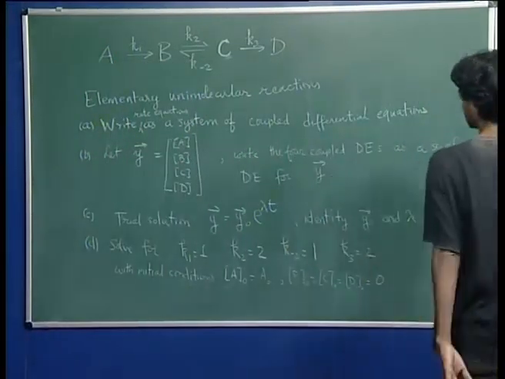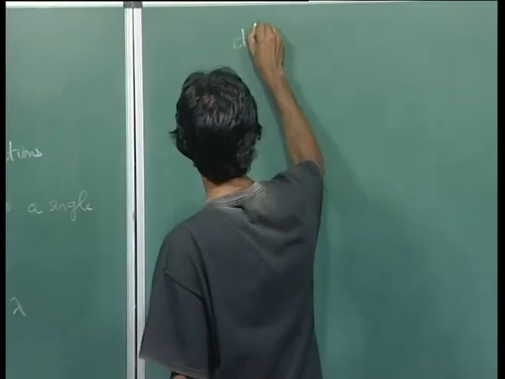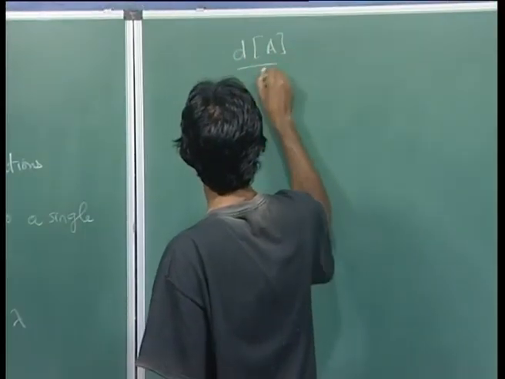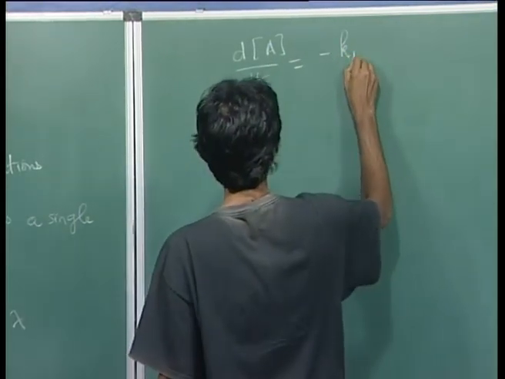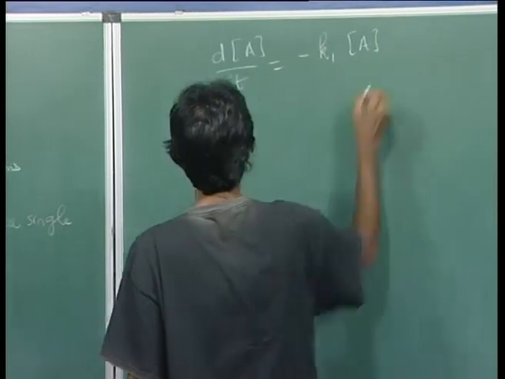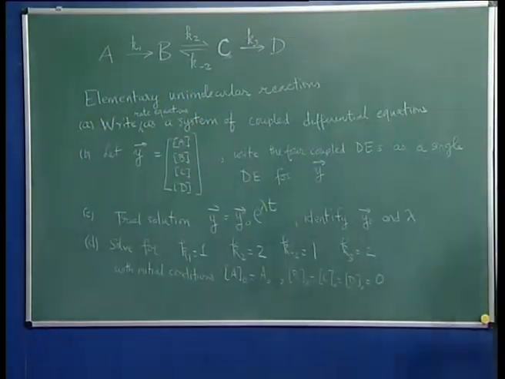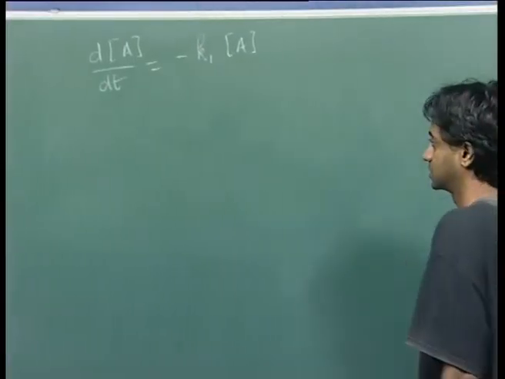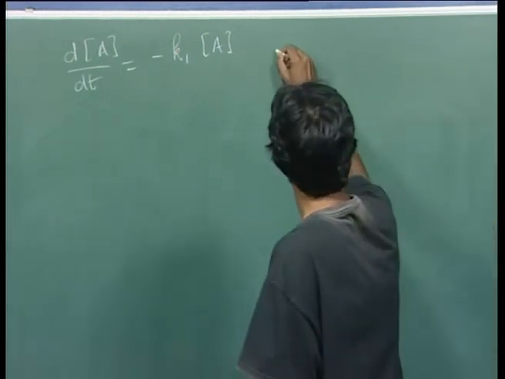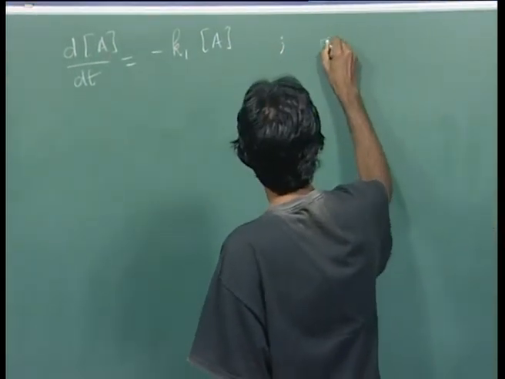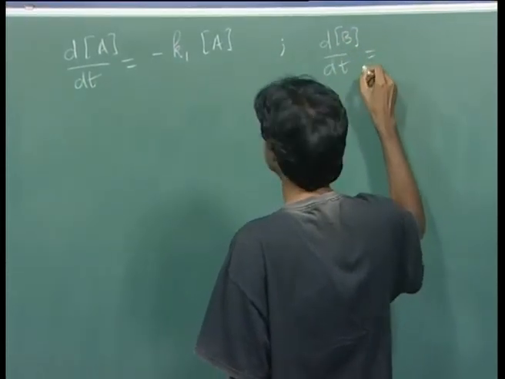Now the rate equations, assuming all these are elementary unimolecular reactions. So you can write d concentration of A by dt is equal to minus k1 times A. So the rate of this reaction is just k1 times A. Okay, so the rate of change of A with respect to time is just minus k1A. Then you can write dB by dt.